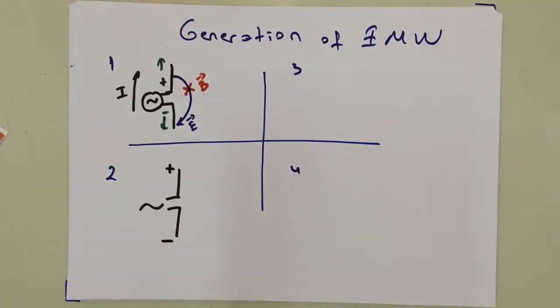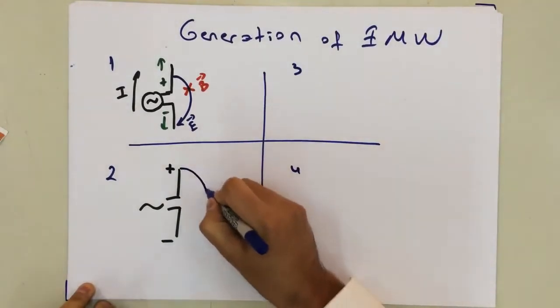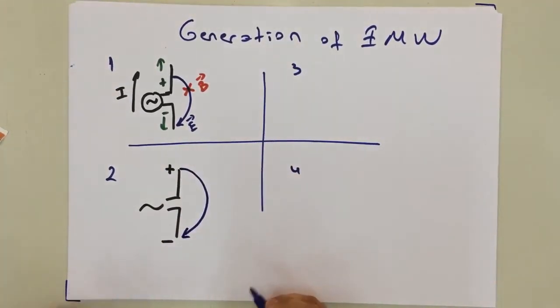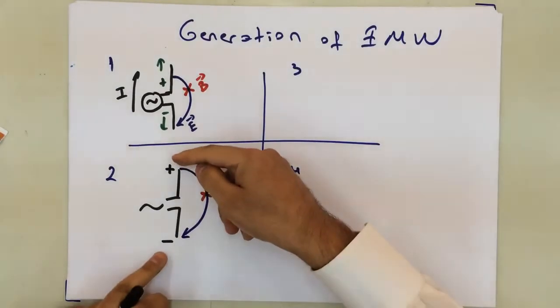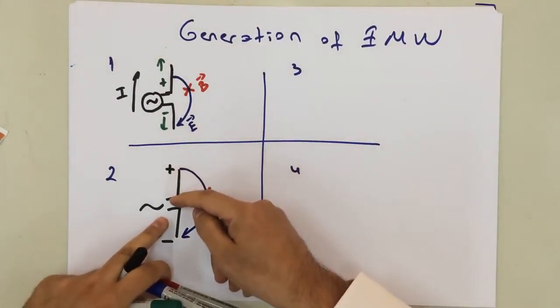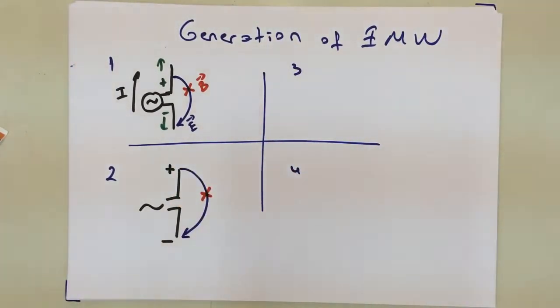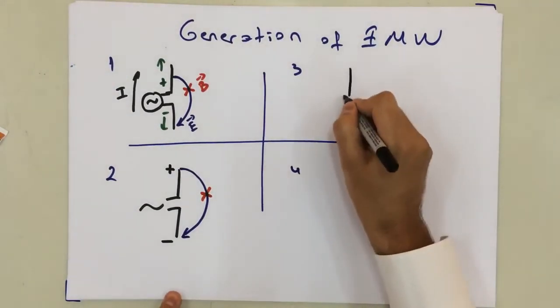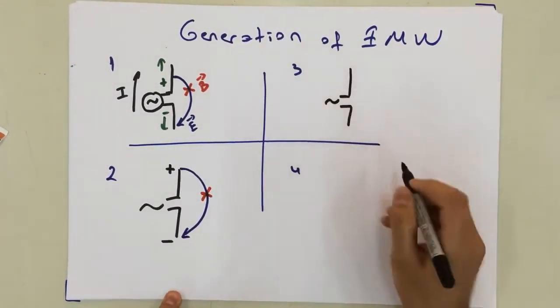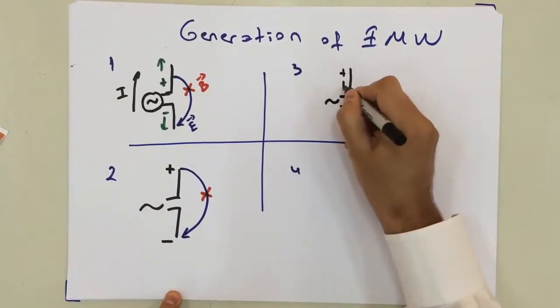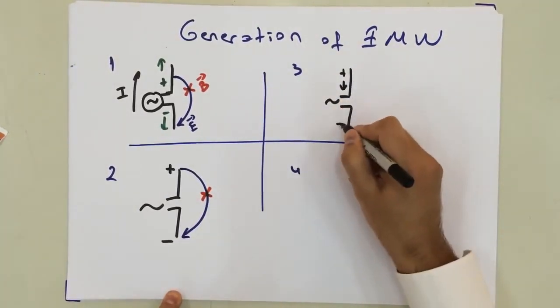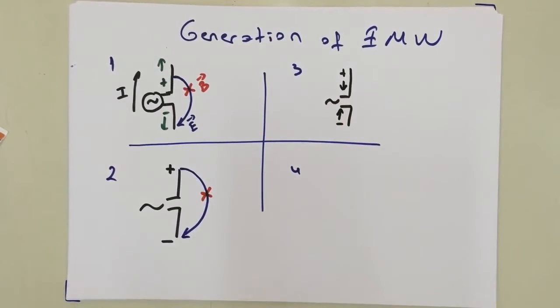The direction of the electric field is from the upper end to the lower one, and the direction of the magnetic field is into the page. After that, they stop, then start to move again. So in the third part, we can draw their direction. Now positive charge will move down and negative charge will move up.